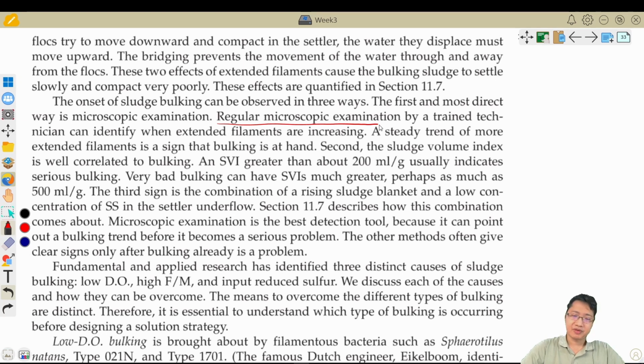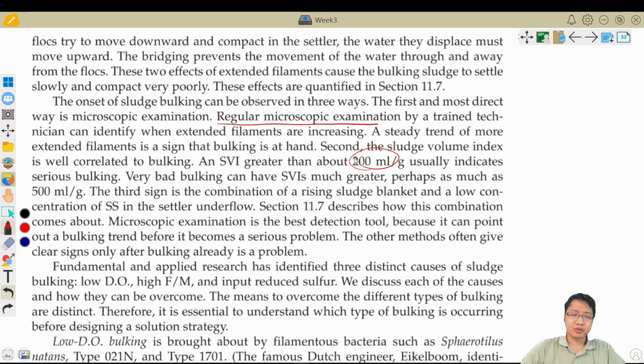So if you get an SVI greater than about 200 milliliter per gram, sometimes that means you will get a serious bulking problem. Especially when the SVI gets higher, to like 500 milliliter per gram, it means you already have very serious bulking sludge in your system.